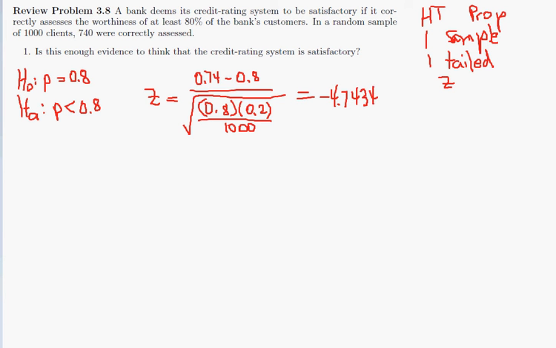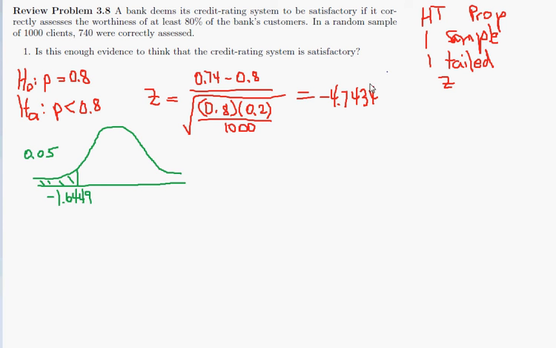From this point, there are two ways of proceeding. The first way is to find the value of the critical value. In this case, alpha is equal to 0.05, our default assumption. And so the critical value is negative 1.6449.